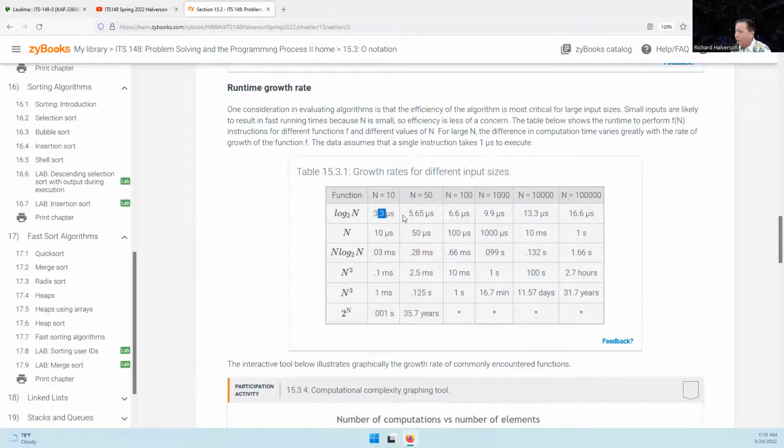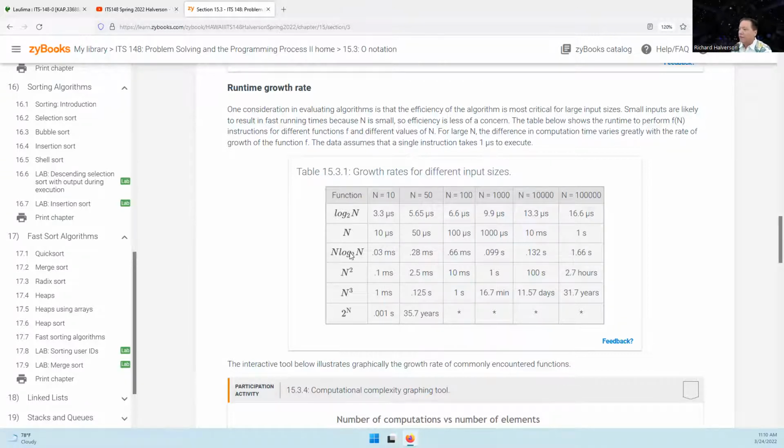And 3 to 5 to 6 to 9 to 13 to 16, from 3 microseconds to, when you double it, it's 6 microseconds. You double that, it's about 13 microseconds. Well, okay, so we went from 3 to 6. Well, n has gone from 10 to 100, and we go from 6 to 13, about doubling it. N has gone from 100 to 10,000. So you see the growth. That's the difference in growth. Well, n log n, these are all the sort algorithms.